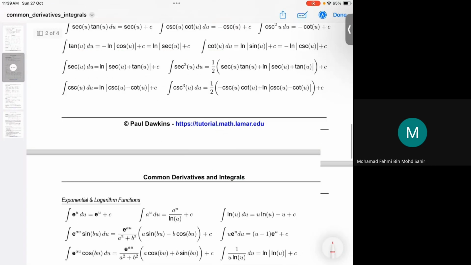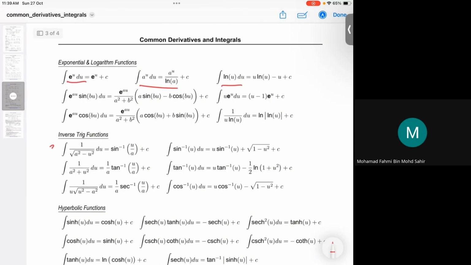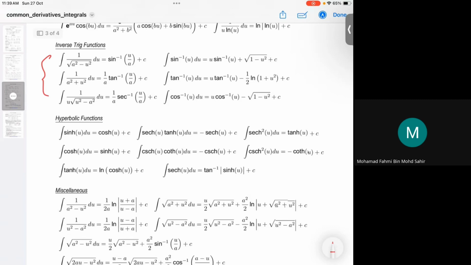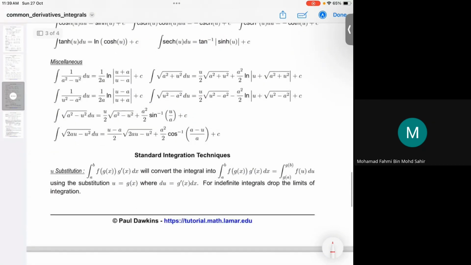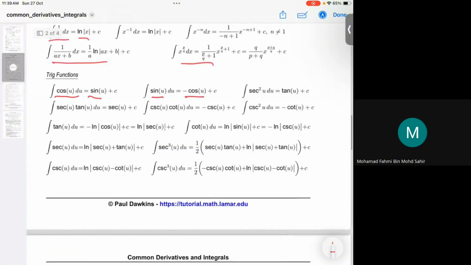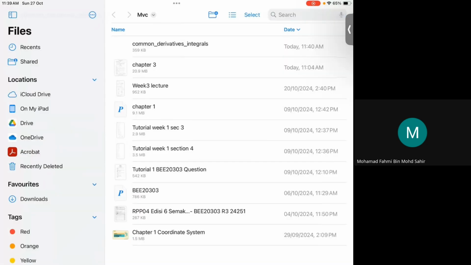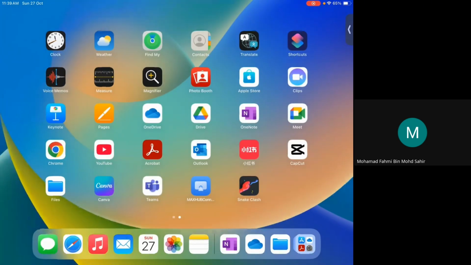And exponential and logarithmic functions, what happens? Log will become what? Inverse trigonometry, all these are more complex. All these are the laws to perform the integration technique. You can try to refresh your memory. Later on we will be using this one. Take some time to download this one.